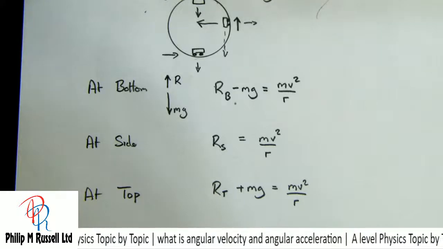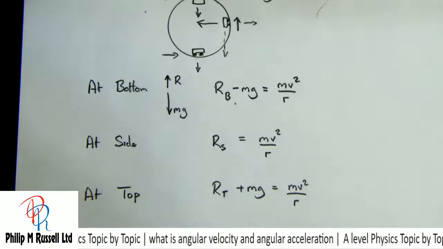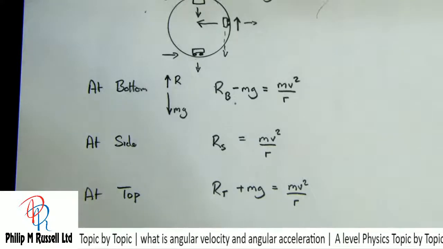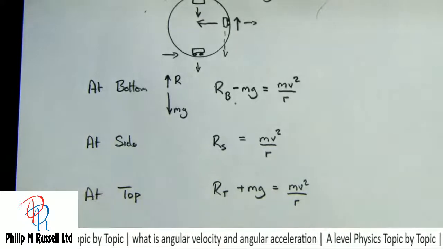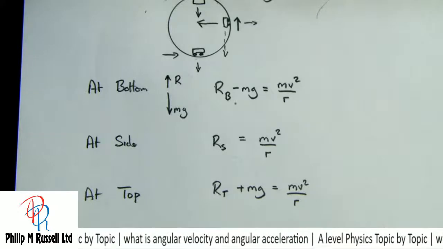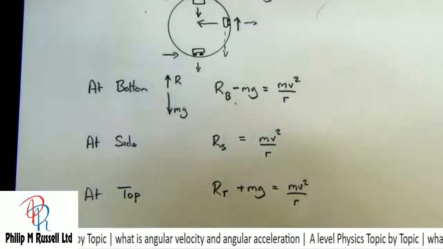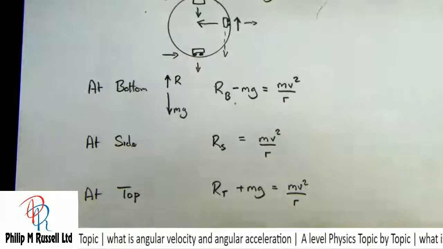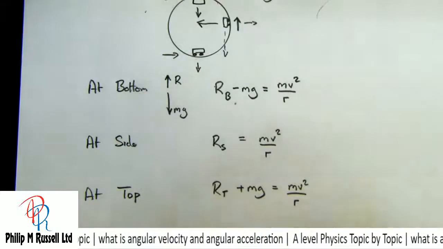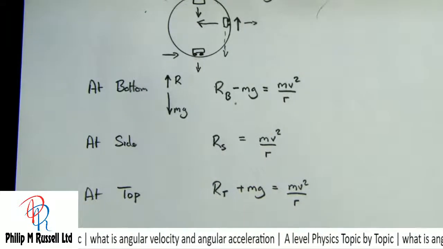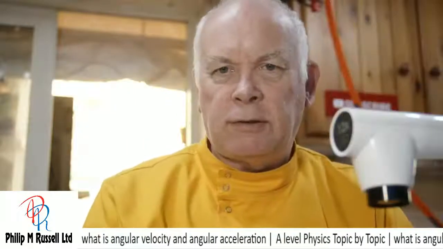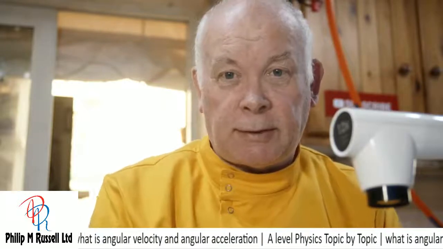And if it's anything less than that, then the car falls out of the sky and crashes. So we can use this to work out all sorts of forces for roller coasters and all sorts of other things.